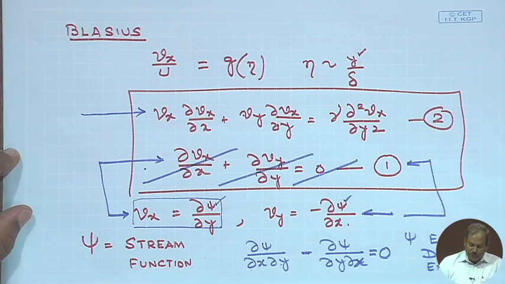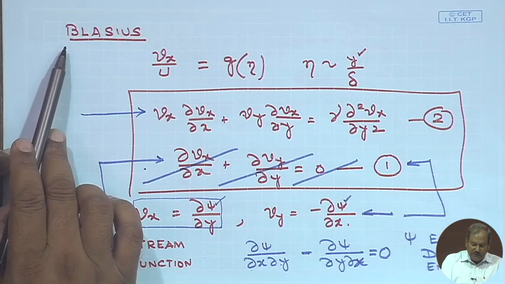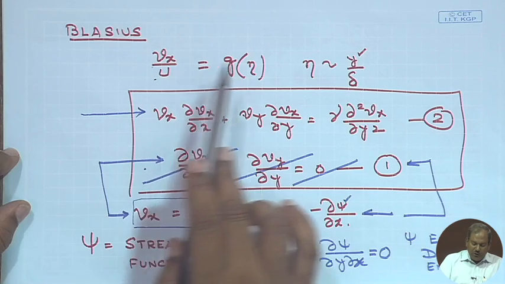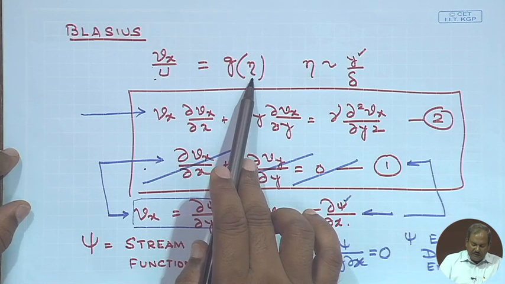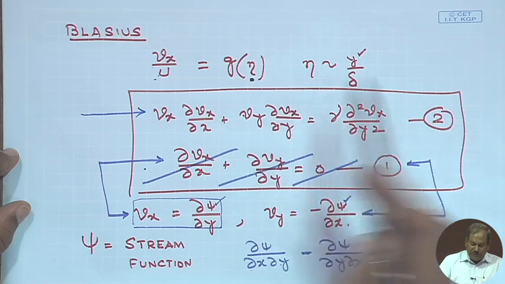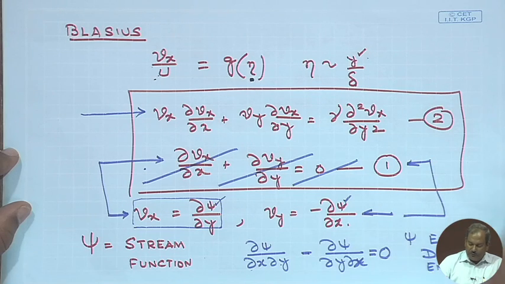In the next step, we have proposed the solution by Blasius, where he reasoned that the dimensionless velocity profile, when plotted against a dimensionless distance from the solid wall, would be similar for all cases. And this eta, which is the dimensionless distance from the solid wall, is expressed as y by delta, where delta is the local thickness of the boundary layer.